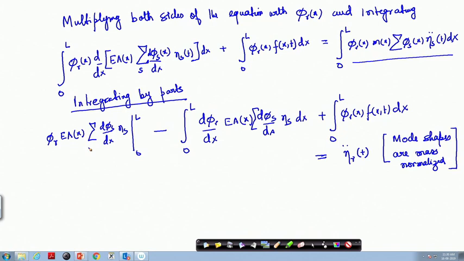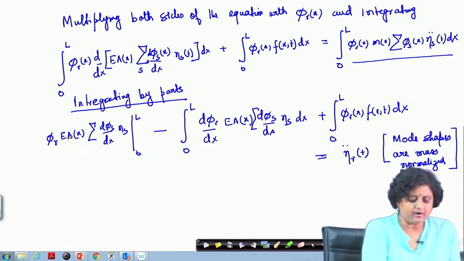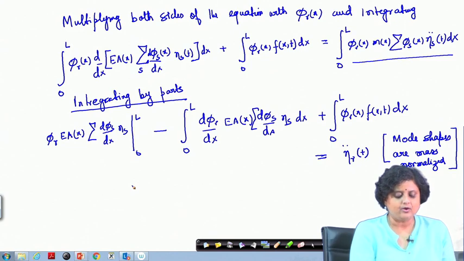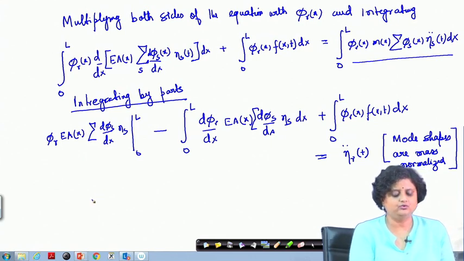Now, let us look into the LHS, let us look into the boundary condition. As we can see, this boundary condition is going to be 0 for all possible boundary conditions. That is, if the boundary is free, then this term, which is the applied force, is going to go to 0.